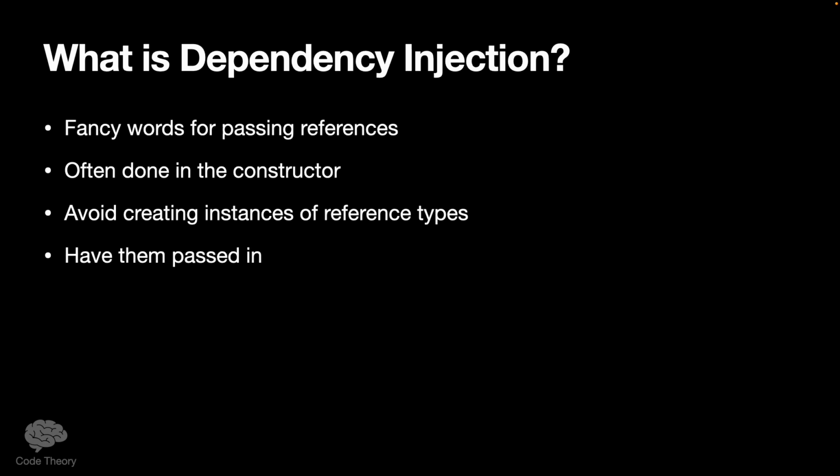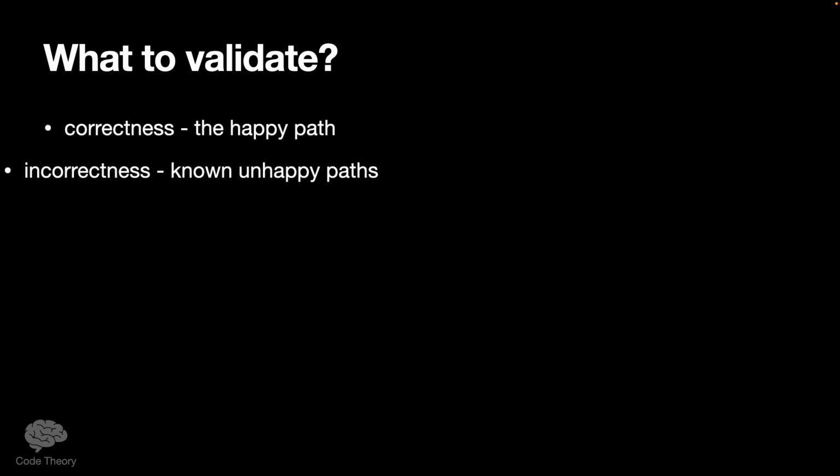That's pretty much it. Okay, so another best practice when testing is thinking about what it is that we actually want to validate. The things that we want the test to actually test, right? We talked about testing for correctness, right? We saw that talking about testing for incorrectness, unhappy paths, things where we think we should be throwing, right?